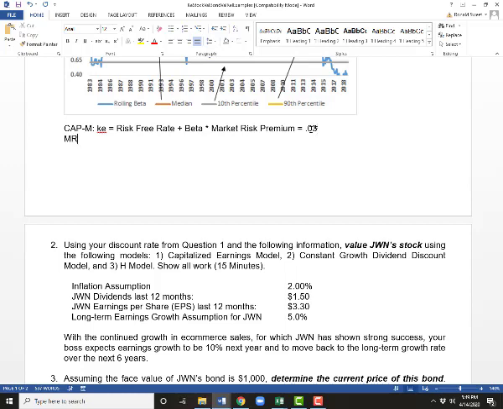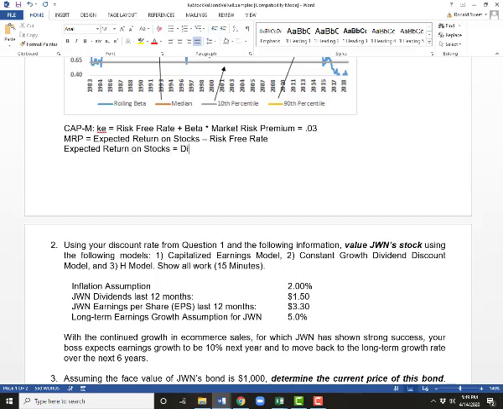Well, the market risk premium is going to be the expected return on stocks minus the risk-free rate. The expected return on stocks, so you just have to remember these things.